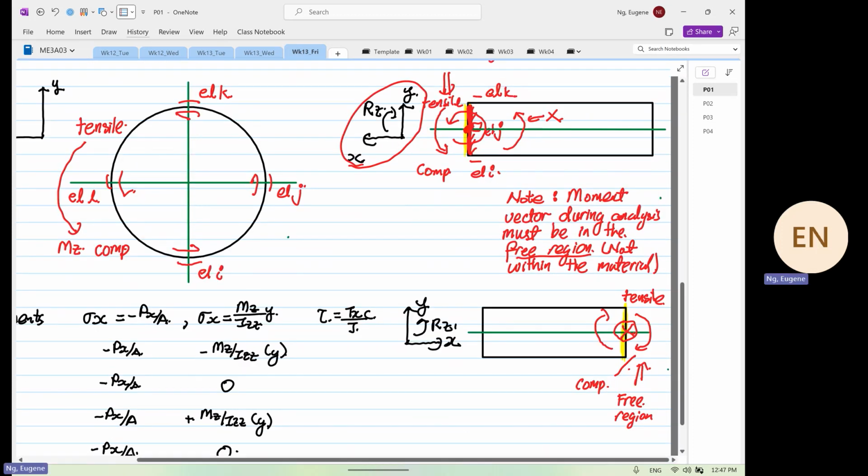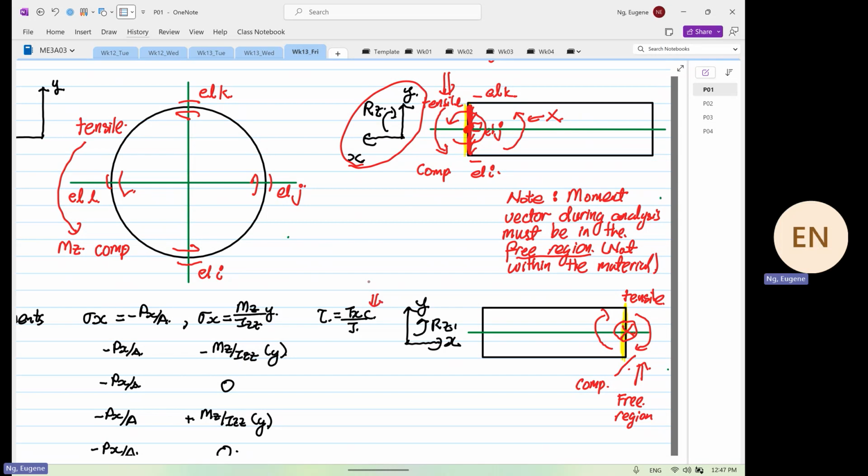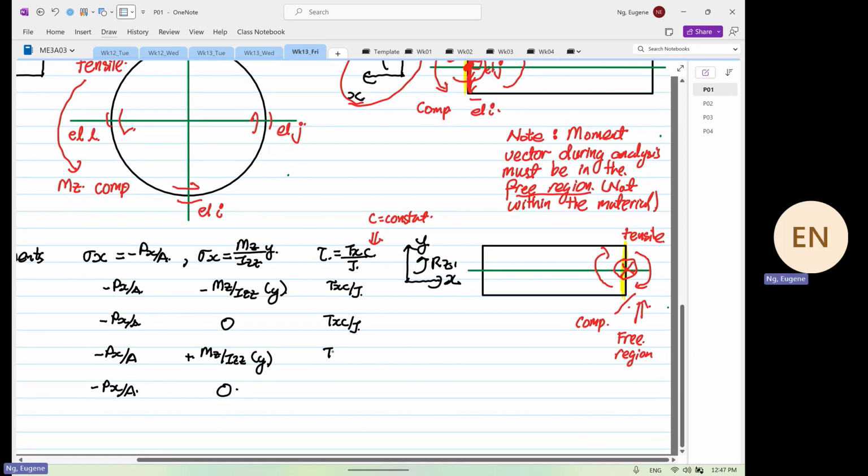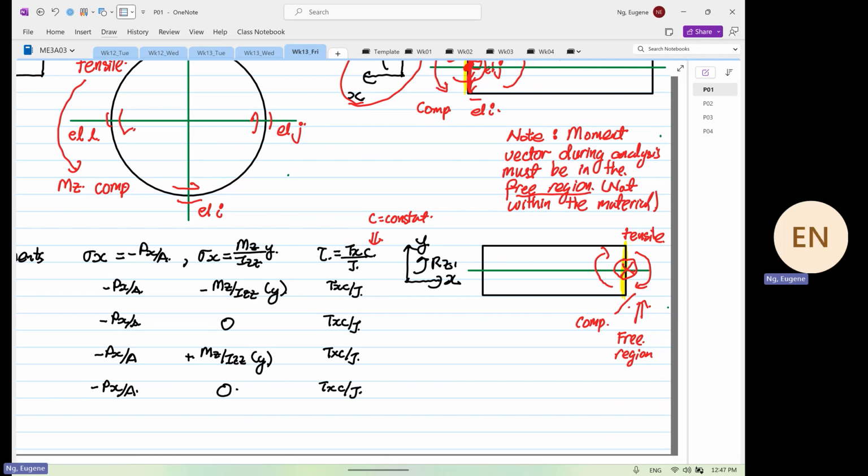And all of them have the same magnitude. Why do all of them have the same magnitude? Because C is constant, on the surface. So all of these you will have dx C over J, dx C over J, dx C over J, dx C over J.